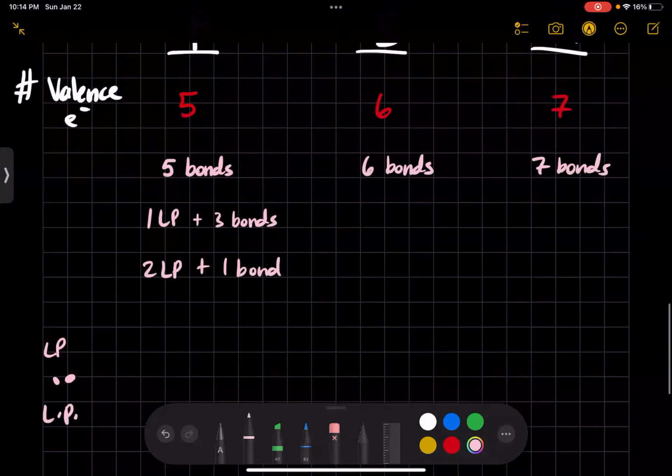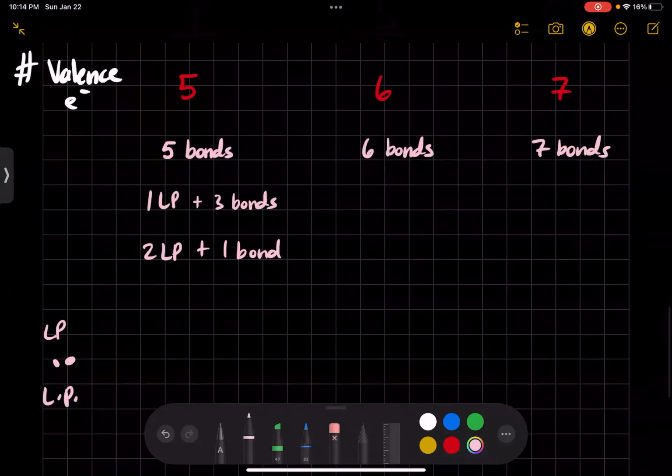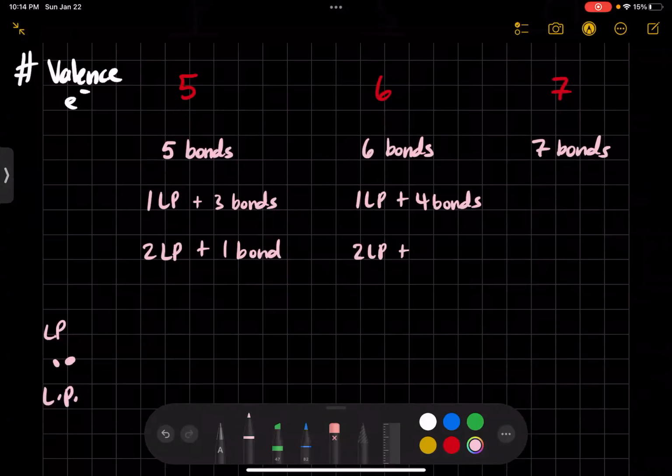Now let's consider sulfur. Sulfur can form 6 bonds, or it can have 1 lone pair. That's 2 electrons. Then it can also have 4 bonds. Or what if it has 2 lone pairs? And let's see, 6 bonds. So 2 lone pairs is 4, and then 1 bond.